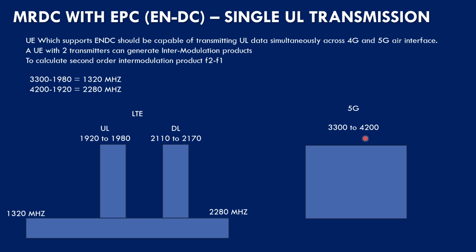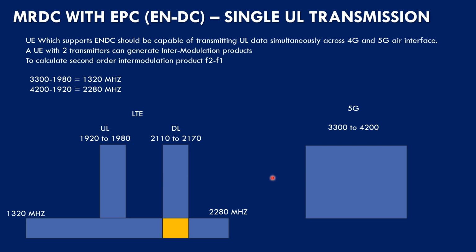And if we subtract 1920 from 4200, it gives us 2280 megahertz. So between 1320 megahertz and 2280 megahertz, our UE can generate intermodulation interference.